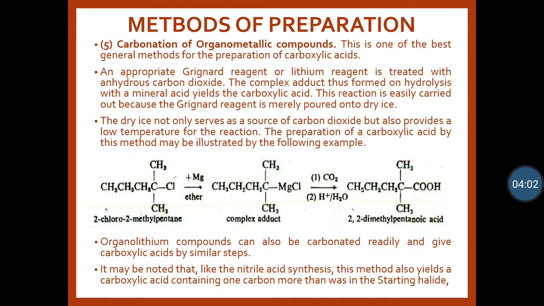The organometallic compound can also be carbonated readily and gives the carboxylic acid by a similar step. It may be noted that like the nitrile synthesis, this method also yields the carboxylic acid containing one carbon more than that in the starting halide.